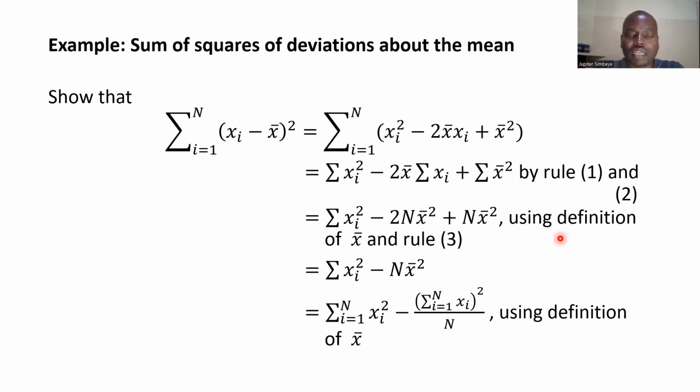Here we know this one is a constant, so for the summation of x bar squared, we just have to multiply n by x bar squared. That's why we have n x bar squared here. If you recall the definition of the mean, this one also gives us n x bar.